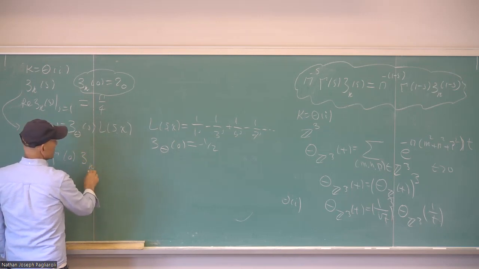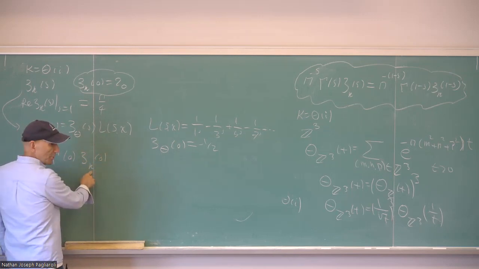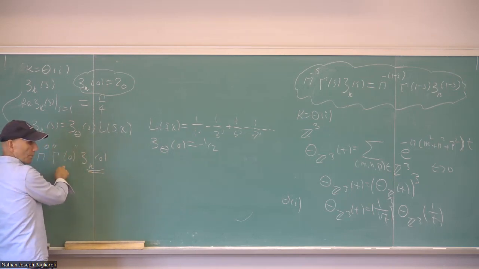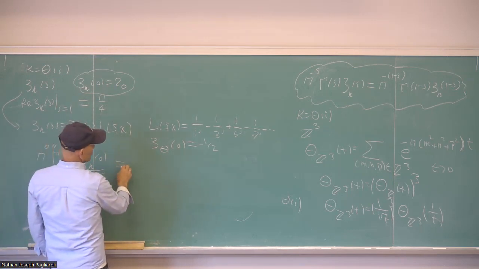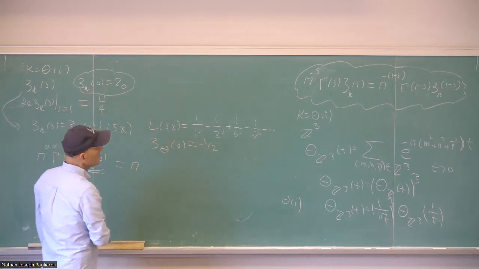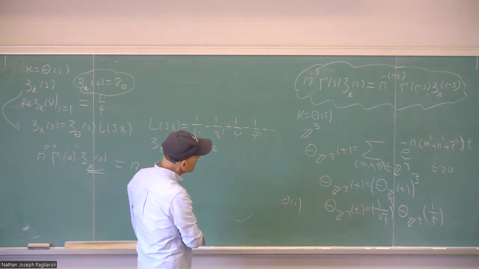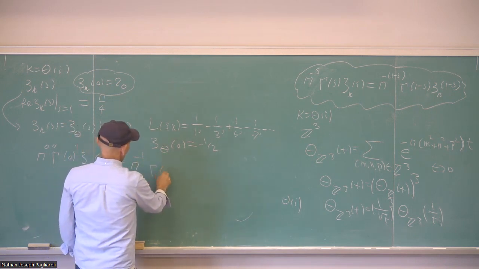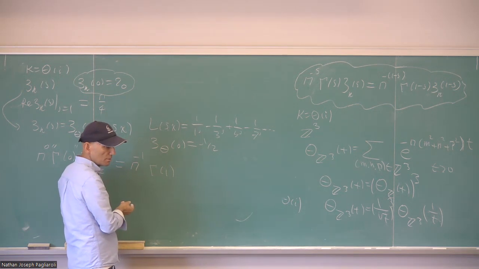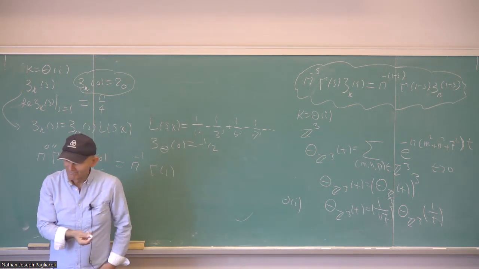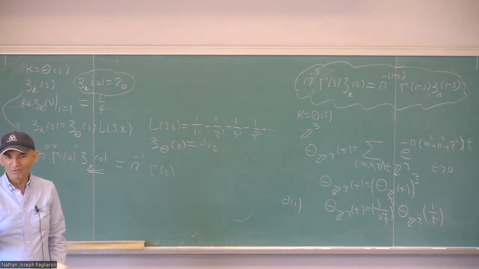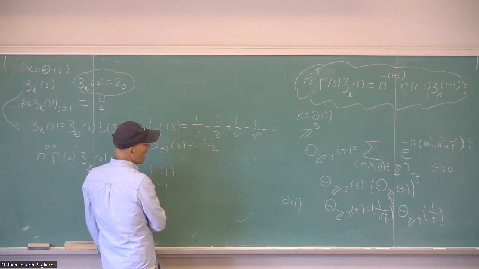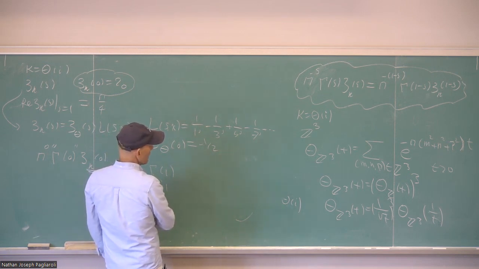Zeta_K at 0 is regular, we want its value, but this is a problematic term. But this is equal to pi to the power, s equal to 0, is it minus 1? Gamma of 1 is just 1, because it's 0 factorial, which is 1. So this is 1.